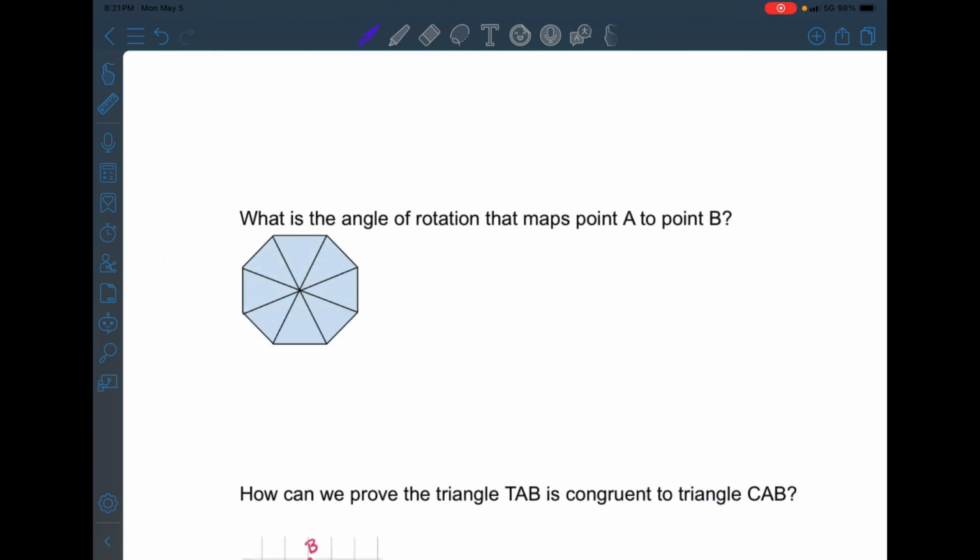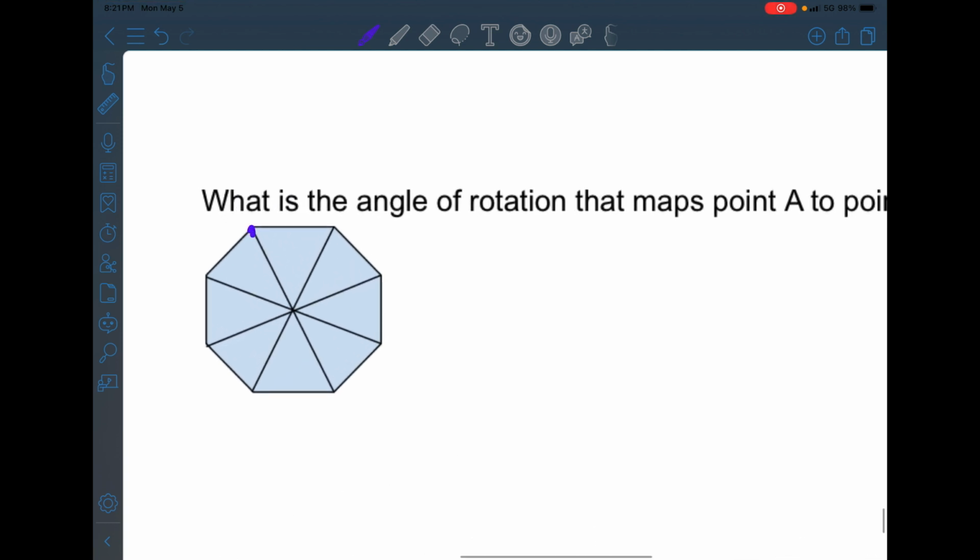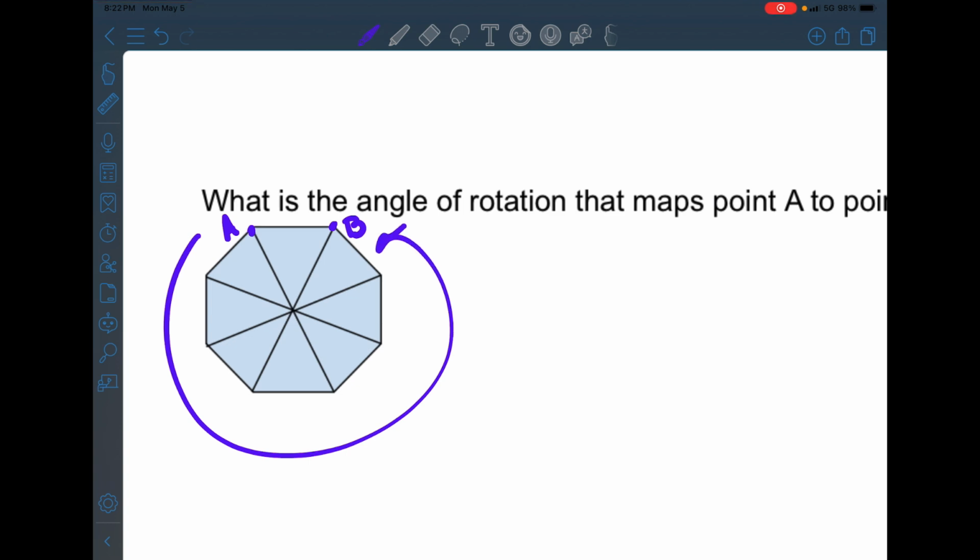This one asks, what is the angle of rotation that maps point A to point B? Of course, I forgot to put point A and point B here, but let's just say point A, point B. And I didn't say which way rotation, so if we just do this way. First of all, we got to figure out how many angles there are, because we know all the way around is 360 degrees.